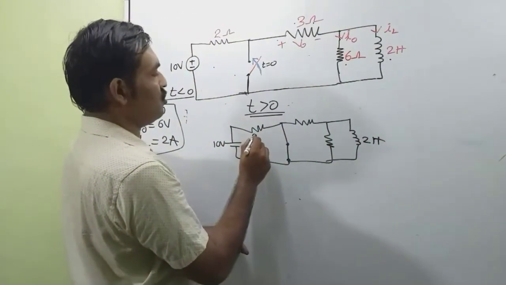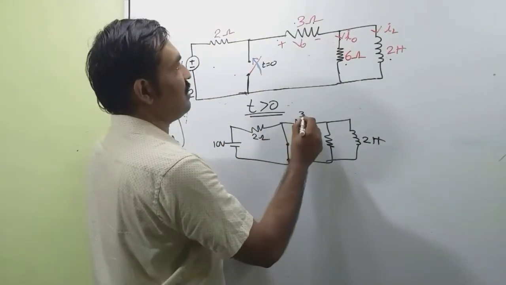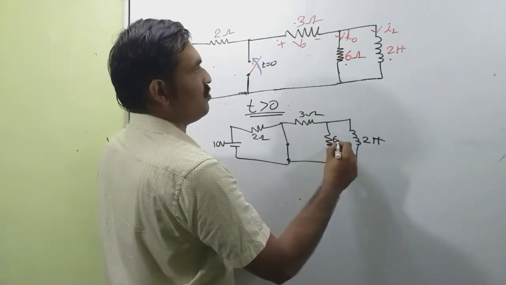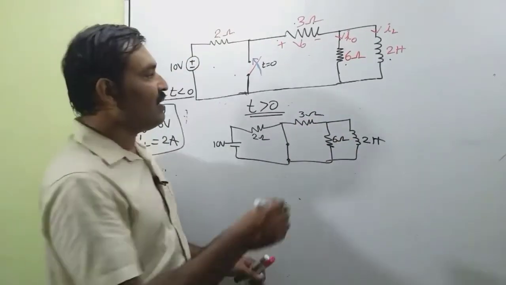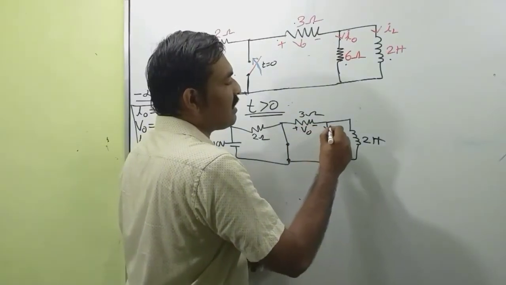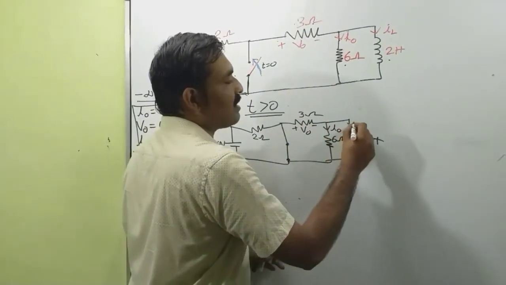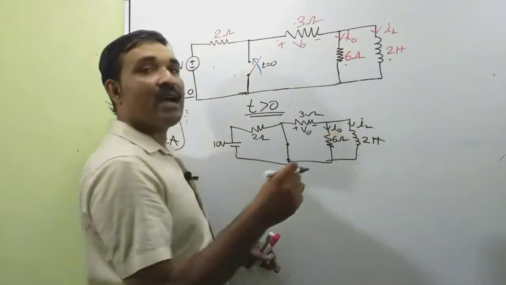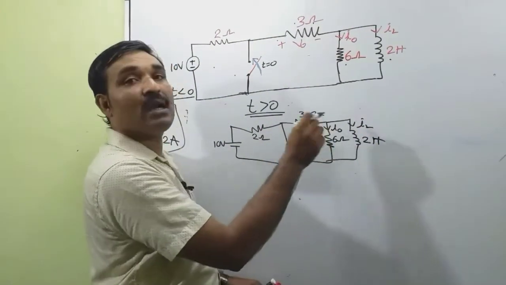So this is our circuit. Now this voltage is V naught, this current is I naught, and this current is IL. Now we want to find the expressions for V naught, I naught and IL.